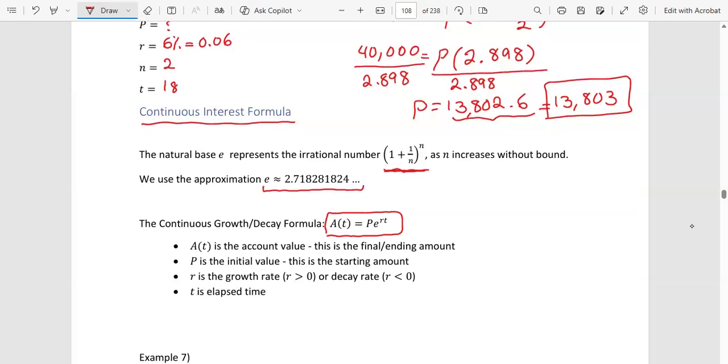For this formula, we need to know P, which is the principal or initial value. We need to know R, which is the interest rate again. But this time, remember that if it's a growth rate, an increasing rate, you have to leave the rate positive. But if it's a decay rate or it shows that something is depreciating or decreasing, you have to leave R as a negative number. T is the elapsed time, and A is the account value or the final amount of any problem that we are working on.